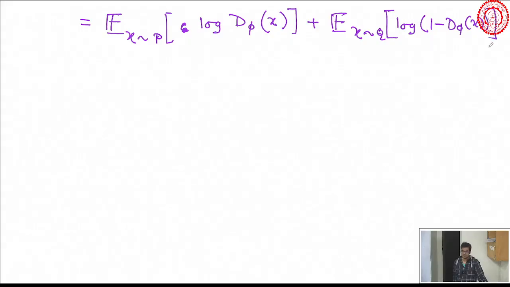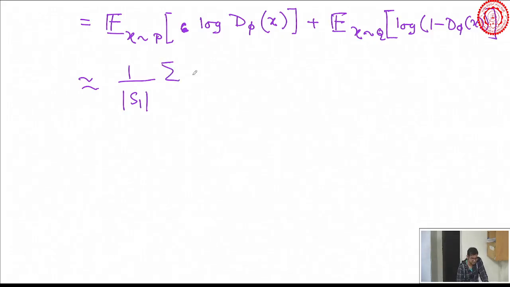Okay. And this is actually equal to, now it will start making sense, 1 by S1. S1 was from P, right?